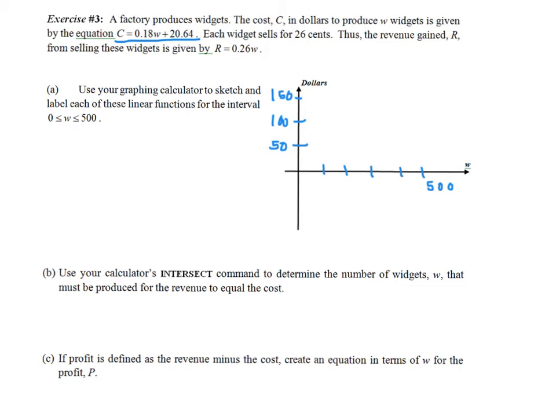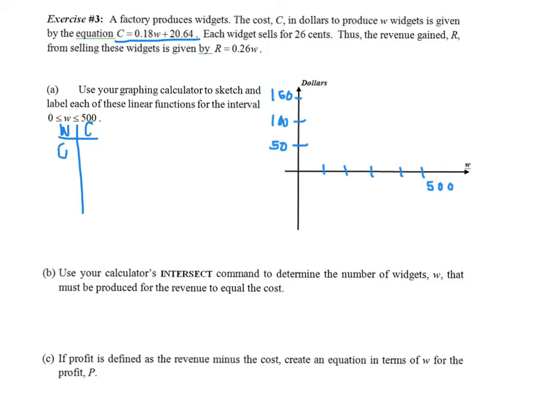So for this graph, I know that my y-intercept is going to be 20.64. And again, you can enter that equation in y1 in your graphing calculator and then make a table of values. So we've got number of widgets and also the cost.